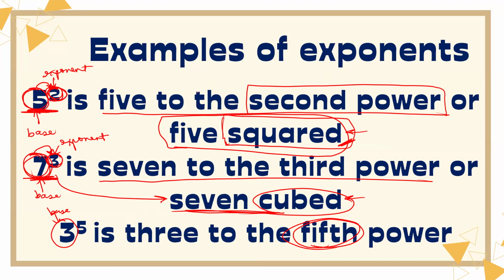So only those numbers raised to 2 and 3 have another way of reading these exponential expressions: 5 to the second power as 5 squared, and 7 to the third power as 7 cubed, while the rest would be read as the base to the exponent's power. So for this particular case, 3 raised to 5 is 3 to the fifth power, okay? Or 4 to the fourth is 4 to the fourth power, okay?